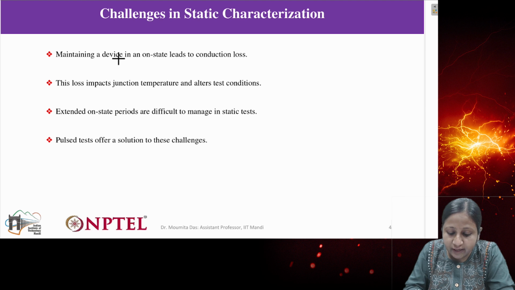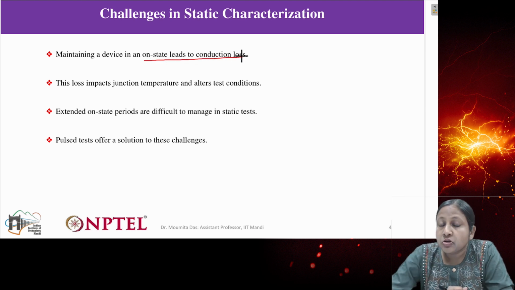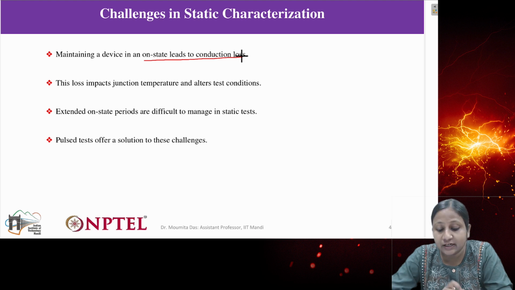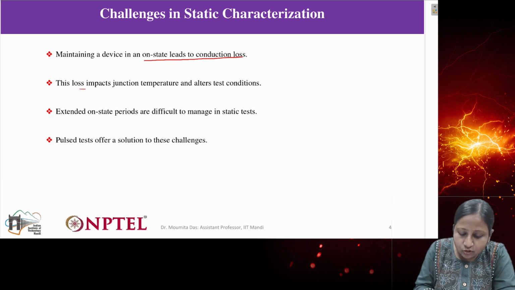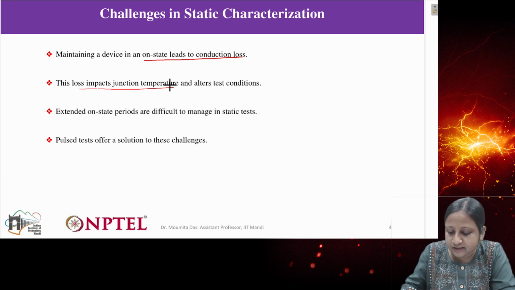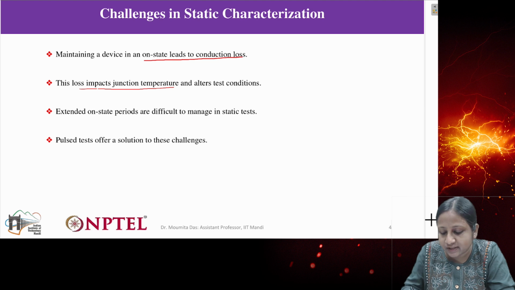Maintaining a device in an on state leads to conduction loss, as I told you. So we have to make sure that we are not increasing the conduction loss, and that optimum point we have to select. That is one of the main challenges in static characterization. Obviously this loss will impact the junction temperature, and it will change the test condition.